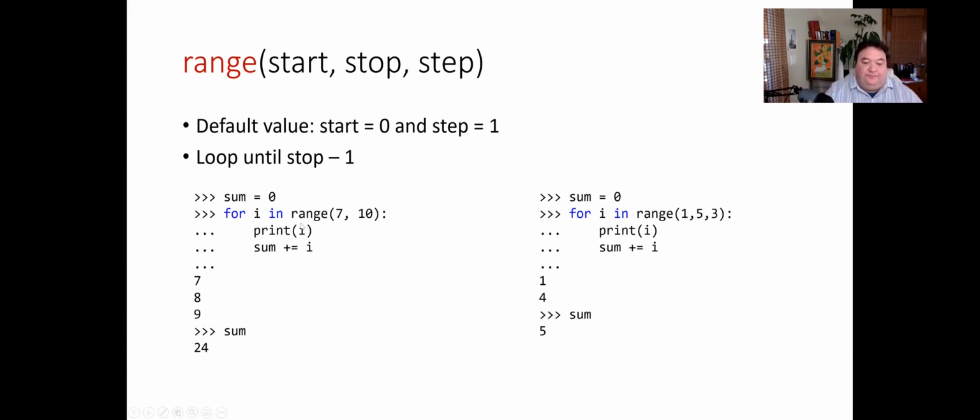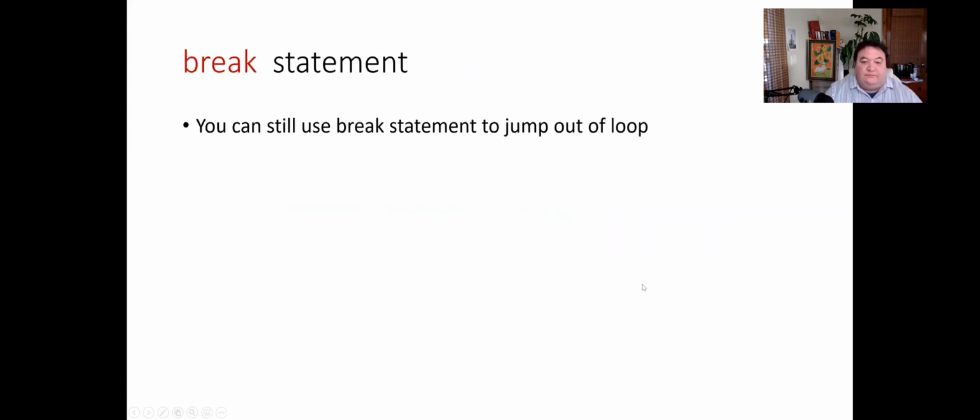You do i in the range from 7 to 10, and you go through every element, the stepping is 1, or you do 1 to 5, but then you step 3. So this is executed just twice, 1 and 4, as you see. So there are all kinds of variations, but the for loops are very simple. And as you notice, the indentation says what instructions are inside of the loop.